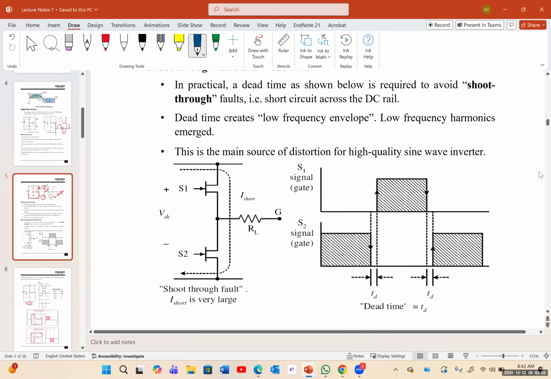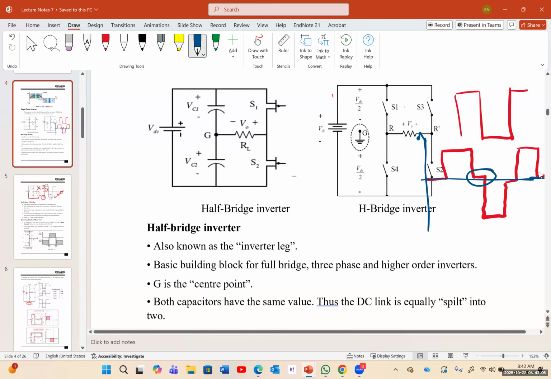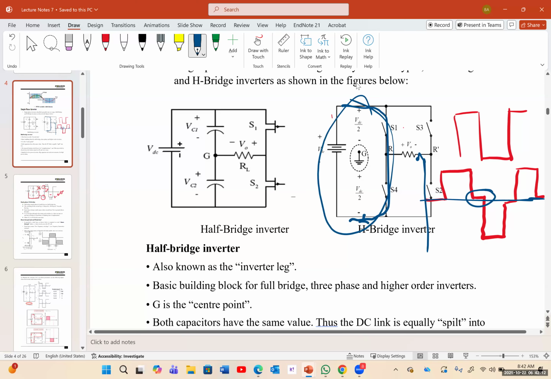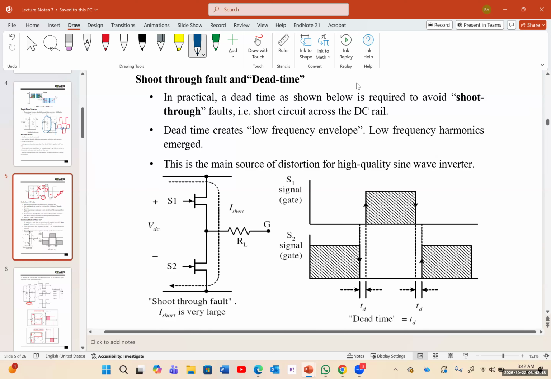And this shows the example of a shoot through. And as I mentioned, for example, if S1 and S4 or S1 and S2 are connected at the same time, you're going to have a shoot through, which is going to cause problems and destroy the system. So to avoid that, we usually have a dead time. And in the dead time, all the switches are open, meaning there is no connection between the input and output.